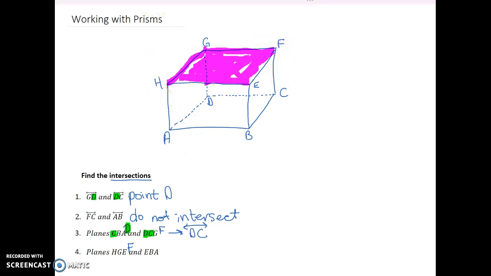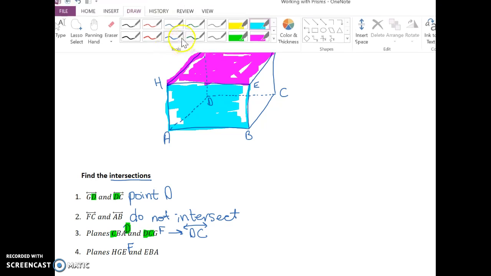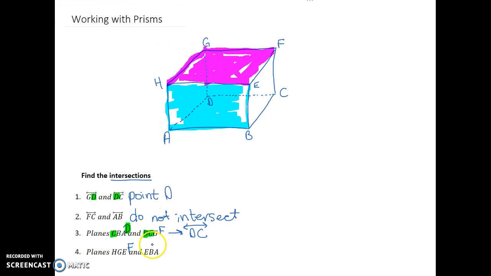I haven't done anything with it yet. Okay, now let's do blue, E to B to A. Well, if I continue this pattern, it's this front plane. And so if I write that point, it's E, B, A, and H.